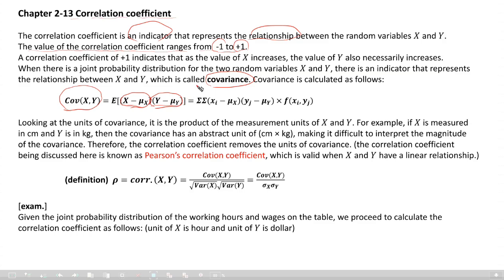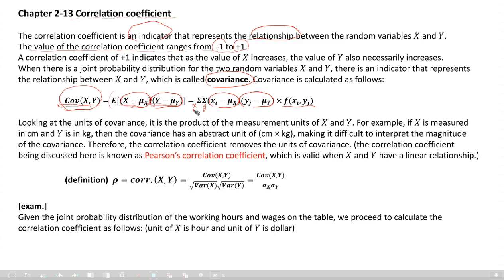For the discrete case, it is the sum of (x_i minus mu_x) times (y_j minus mu_y) times its probability f(x_i, y_j), with i from 1 to p and j from 1 to q.